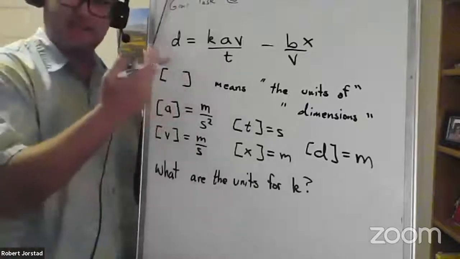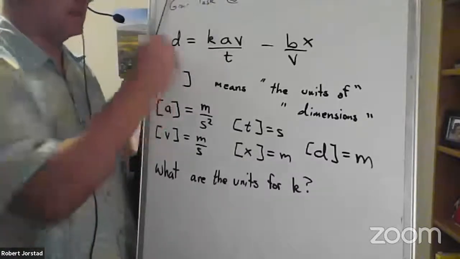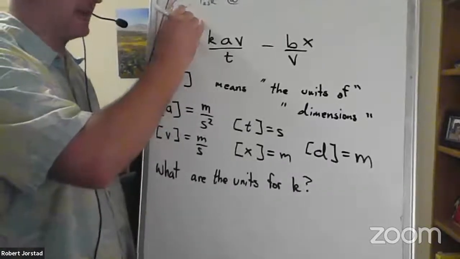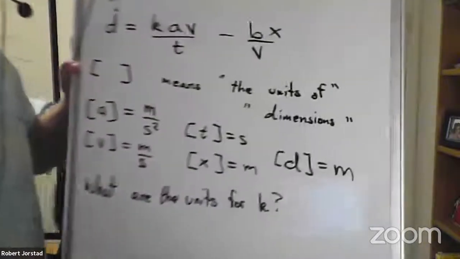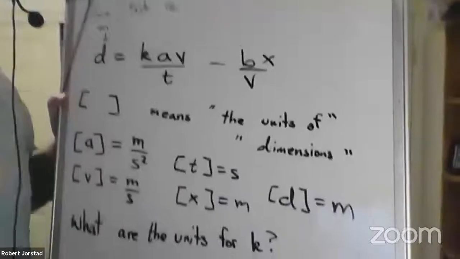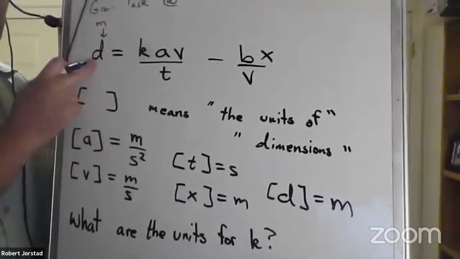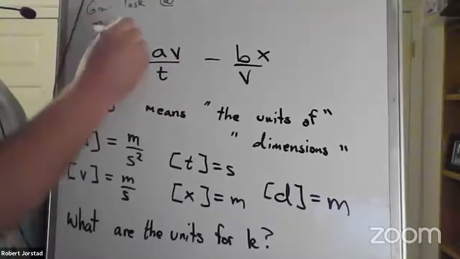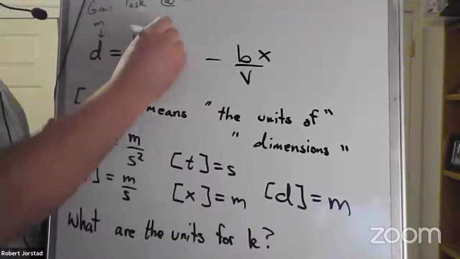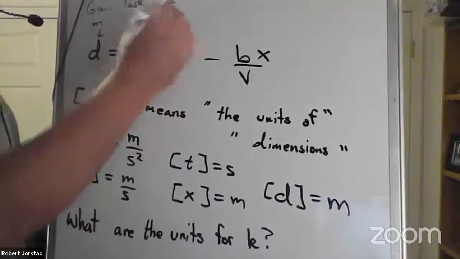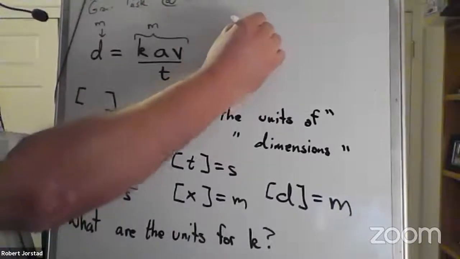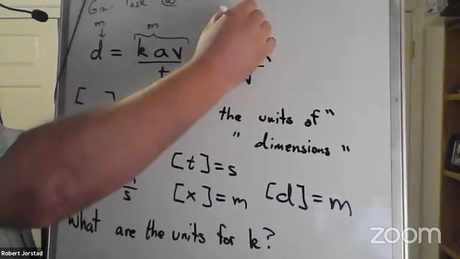It applies in this scenario here. Let's say we know this thing has to be in units of meters. Whoops, let me get this closer. We know this has to be in units of meters, right? That means this whole blob has to have units of meters. And that means this whole blob has to have units of meters.